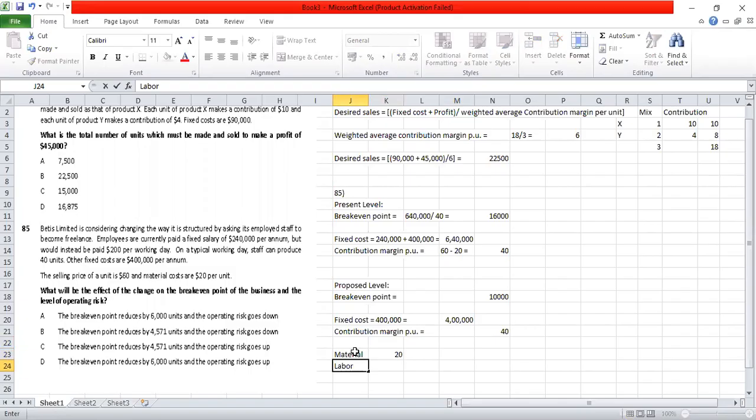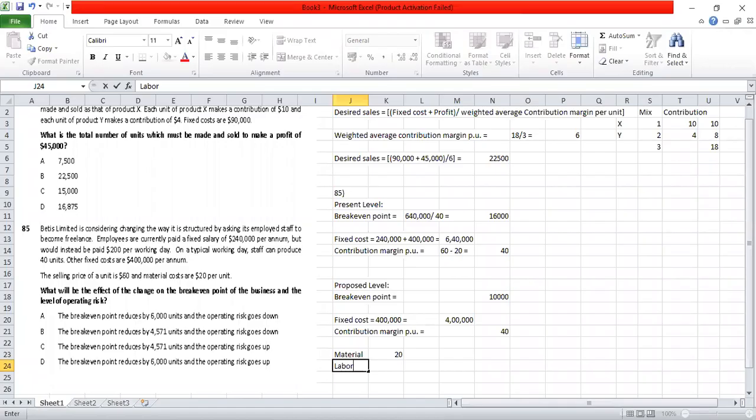What is it that they are saying? Labor cost is how much? 200. So labor cost per working day is 200. We want it as per unit, but labor cost is given as $200 per working day.